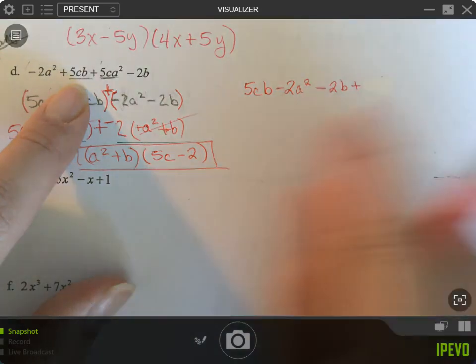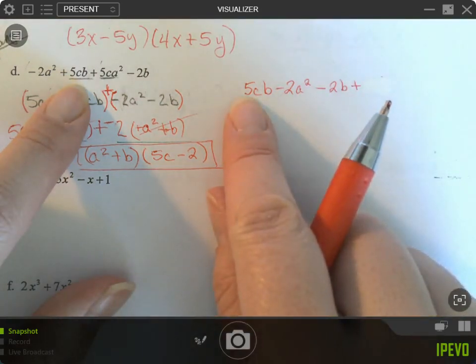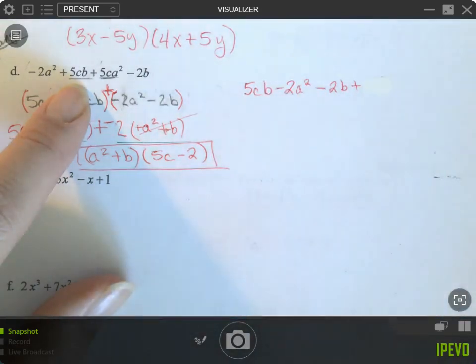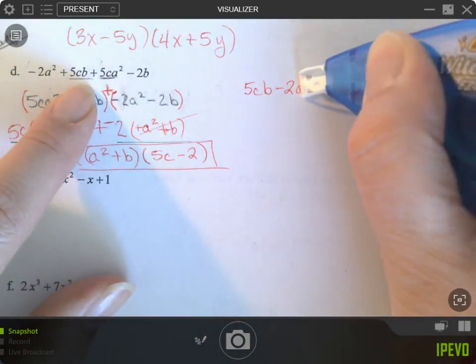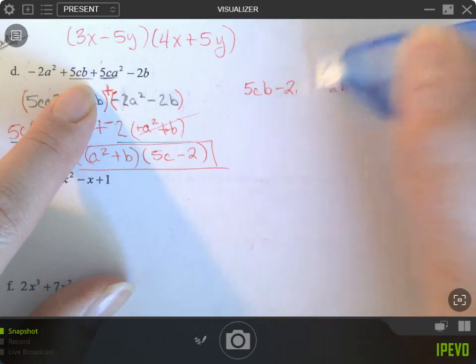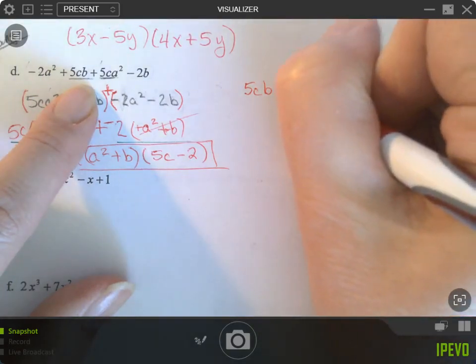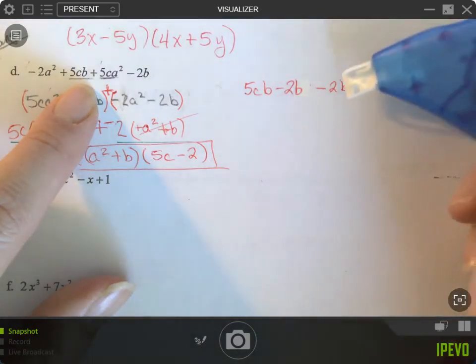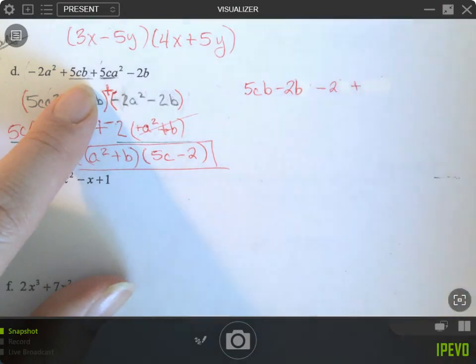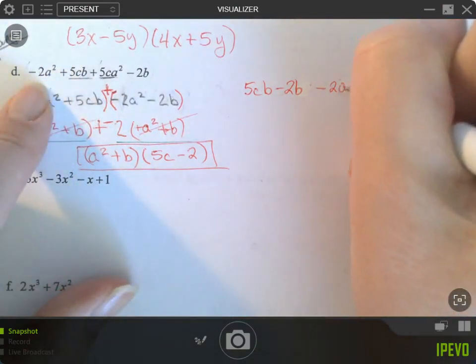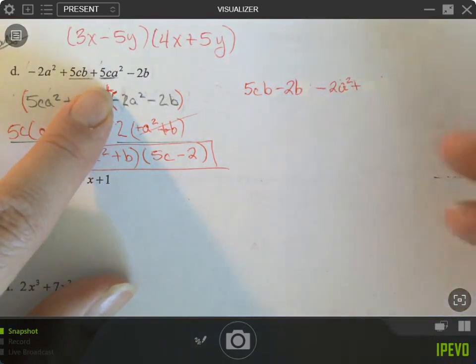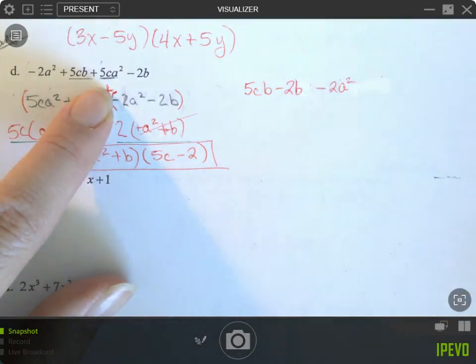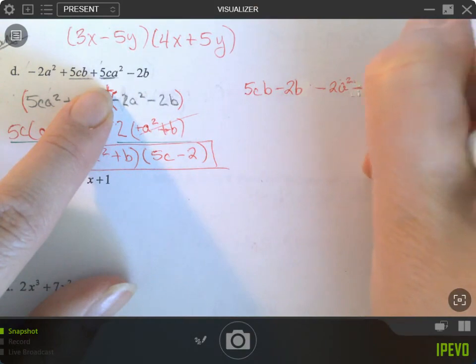Needs to be 5cb. I can't pair that together. Look, I can't pair these back together. I know, that's embarrassing. Let's change this. We'll make this the minus 2b. And then I'll make this the negative 2a squared. And then the what? Minus 5c squared. I was trying to make it different and I screwed it up.